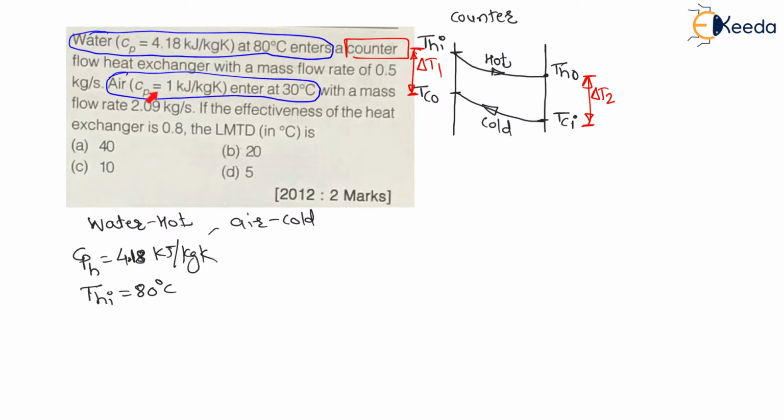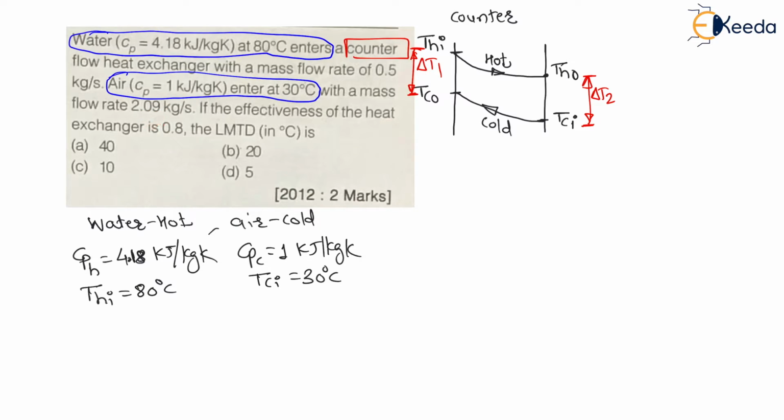Then air, specific heat of air is given, therefore it is a Cp of cold fluid. Cp of cold fluid is 1 kilojoule per kg Kelvin. Then enters at 30 degrees Celsius, therefore entry temperature of cold fluid, that is Tci, is given 30 degrees Celsius. Then with mass flow rate of, now here the mass flow rate of air is given, right?